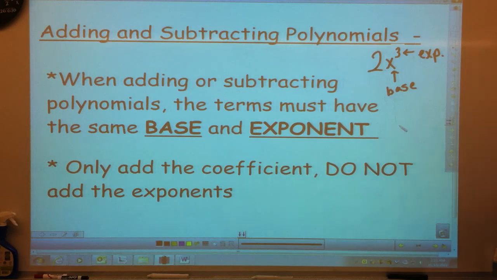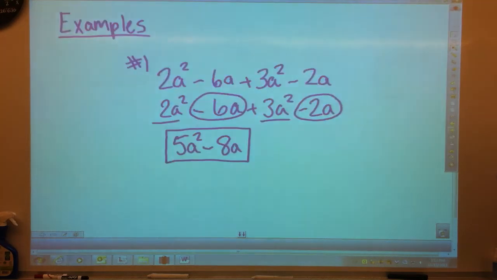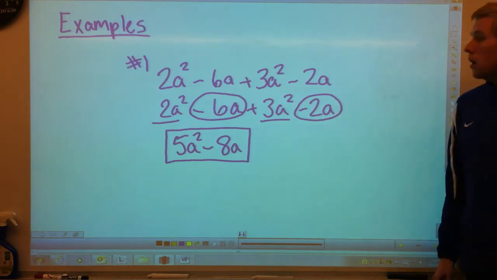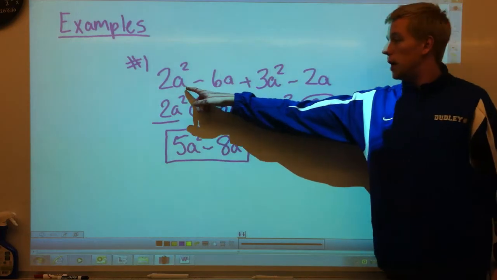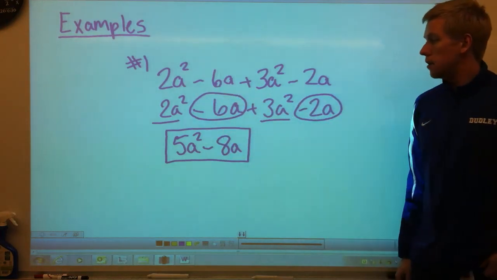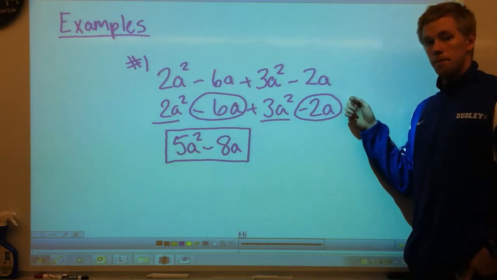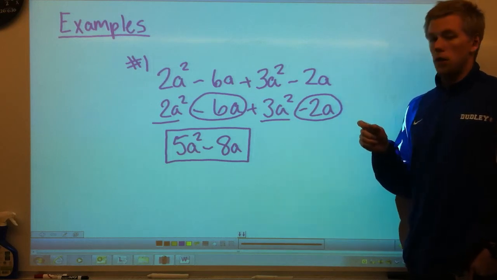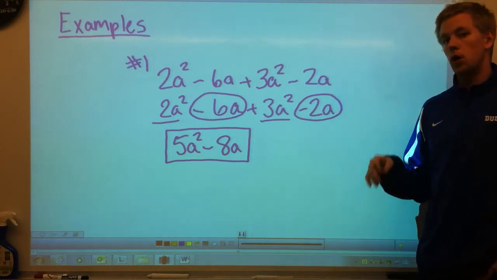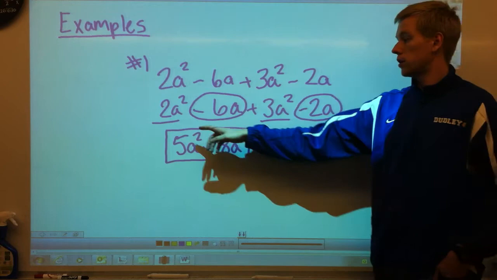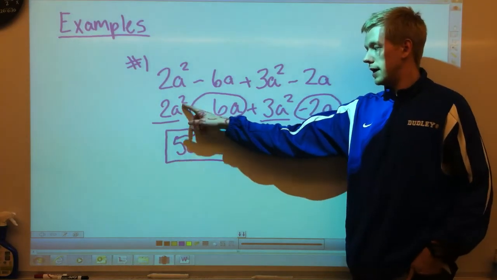We're going to do some examples and see how this works. Okay? My first example, number 1, is 2a squared minus 6a plus 3a squared minus 2a. The first thing I like to do is look through the whole problem and see what looks similar. If I look at the first term, I have a 2a squared.